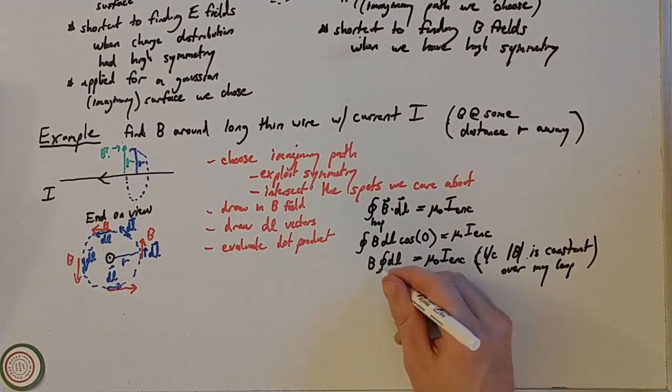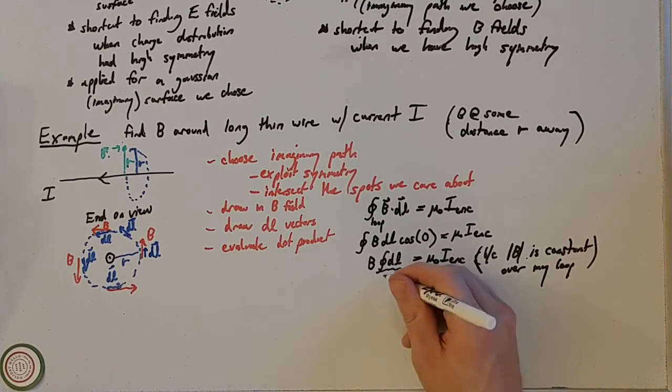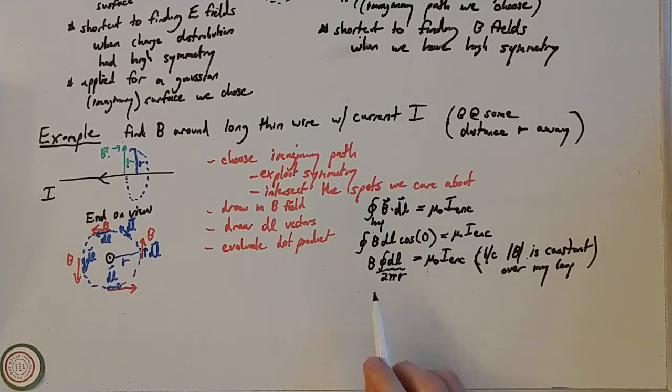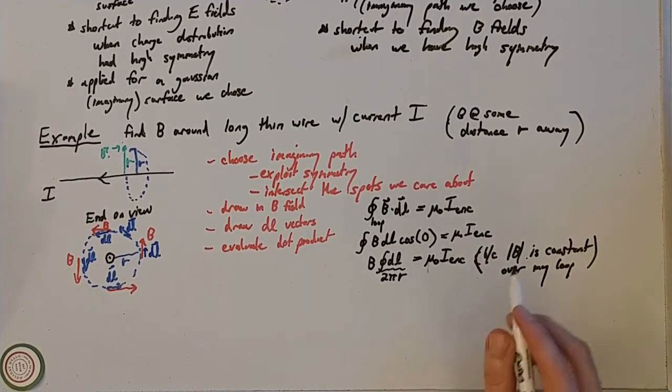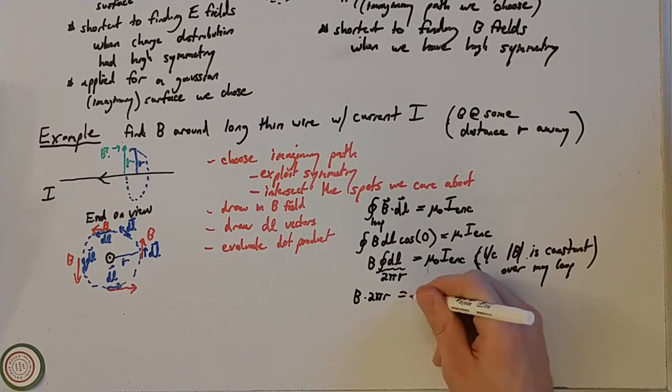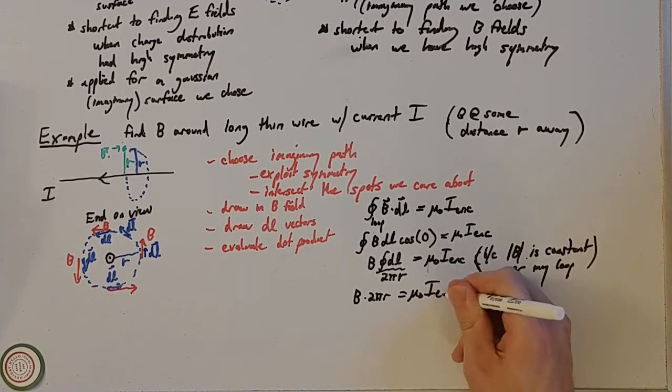So this is just the total path I walked, which is 2 pi r. Now we have B times 2 pi r is mu naught times I enclosed.